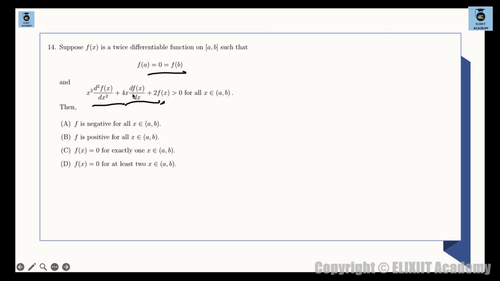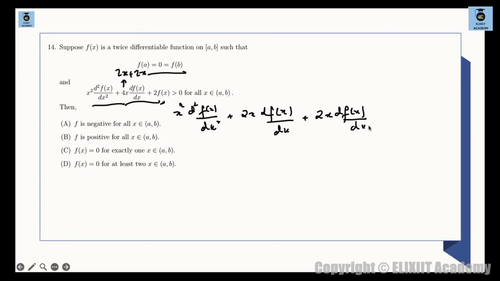If I break this 4x as 2x + 2x, then it becomes x² d²f/dx² + 2x df/dx + 2x df/dx + 2f > 0.